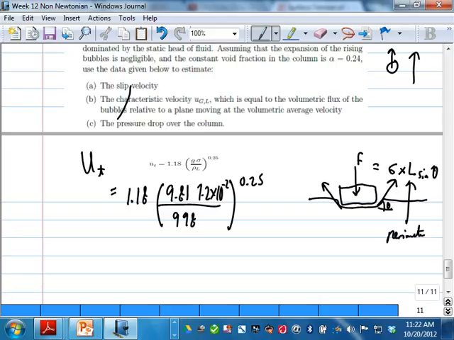What's the numerical answer here? Hopefully I get a sensible value.